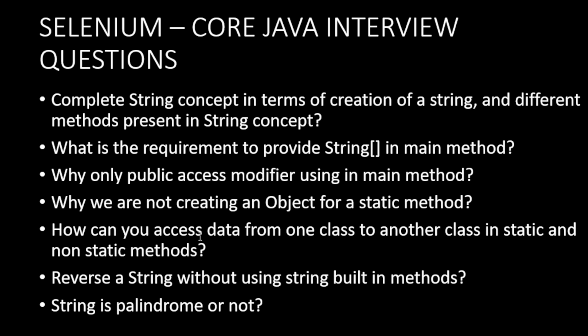This is also one important question. For non-static methods, by using object creation we can access it, whereas for static methods, by using the class name only we can access it. So in static methods we use class names, and for non-static methods we access the data from one class to another class by using object creation only.